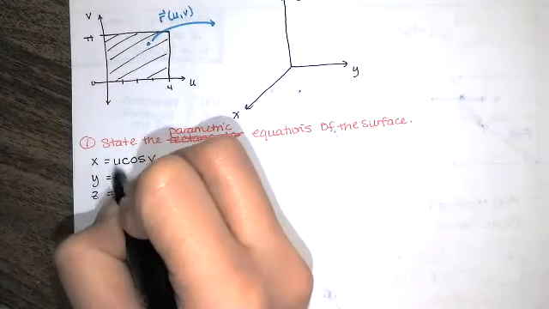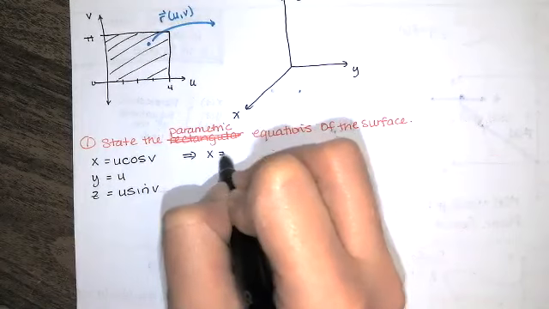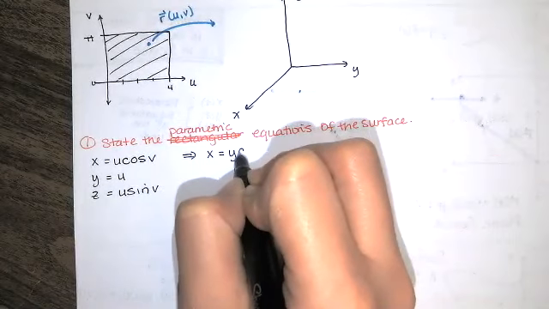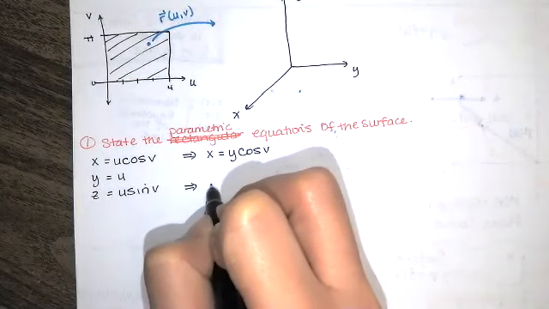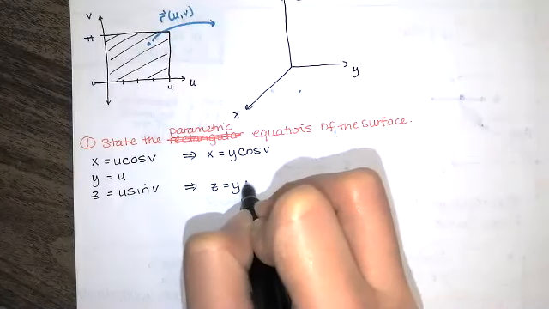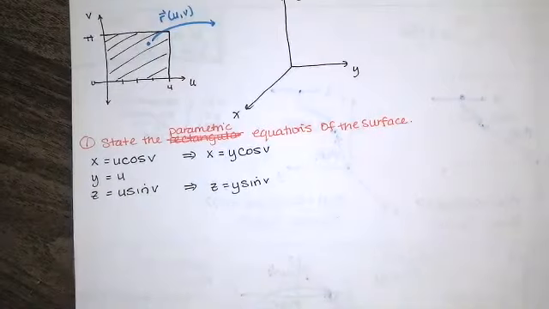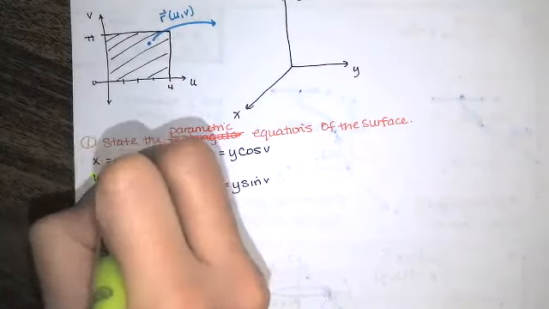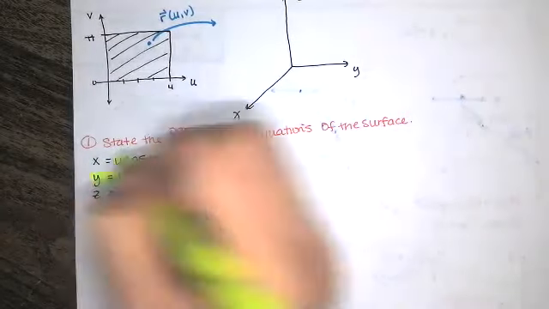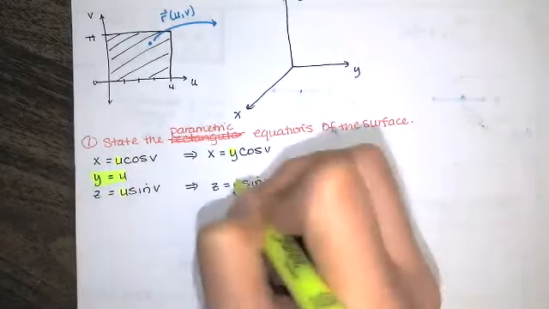Trying to get rid of the u's, I see that x is equal to y times cosine of v, and z is equal to y times sine of v, because y is equal to u. So I've just replaced that u with y, and I've replaced that u with y.